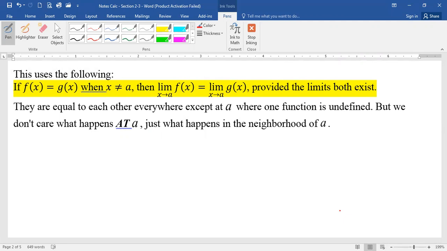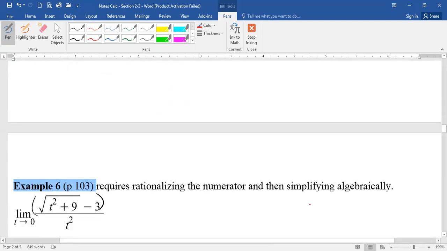So if they're equal to each other everywhere except at a, where one function is undefined and the other is not, then we can say, we don't care what happens at a, we just want to know what happens close to a. Again, we know that it's undefined at a, but what happens close to it? That's really what limits are, remember. What is it approaching?